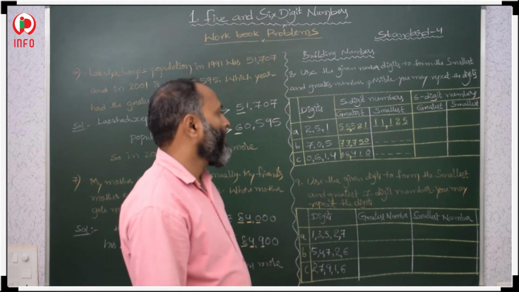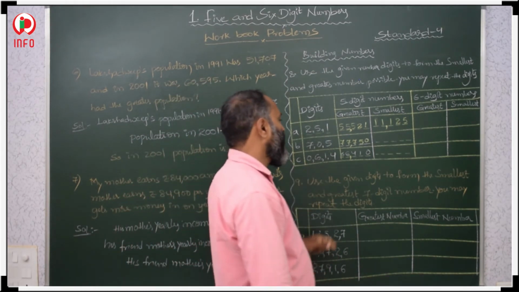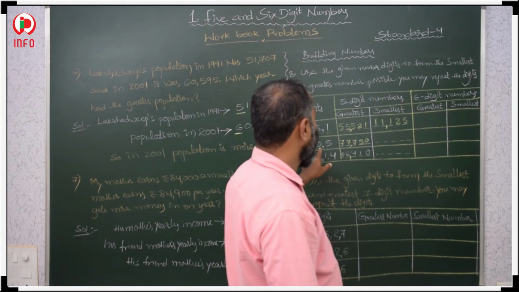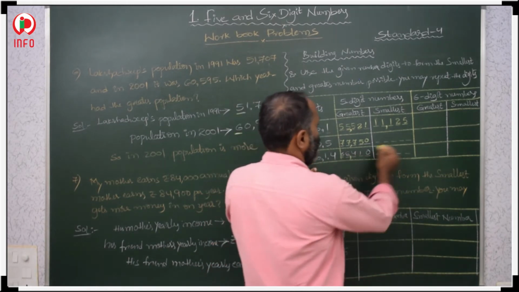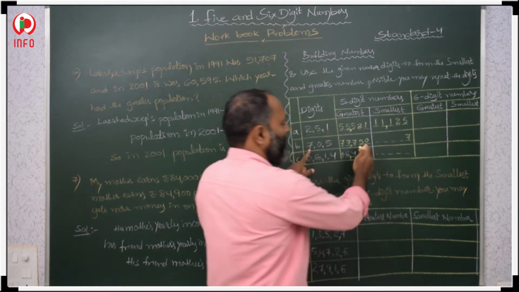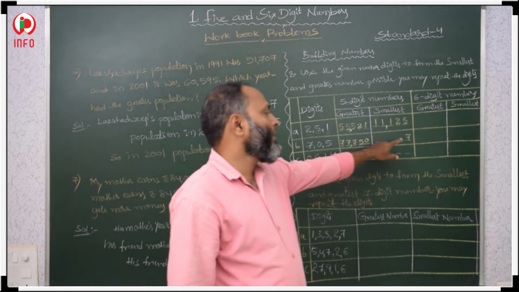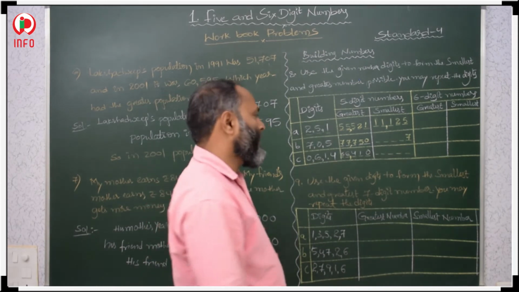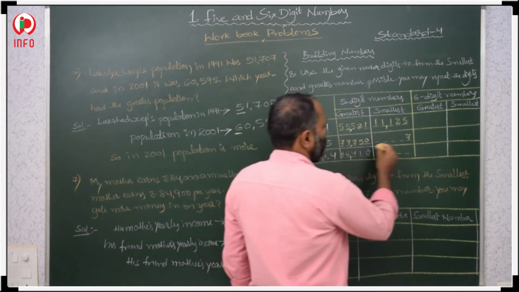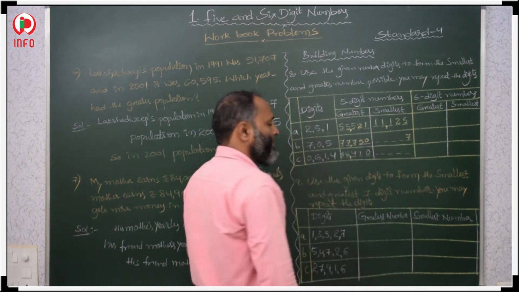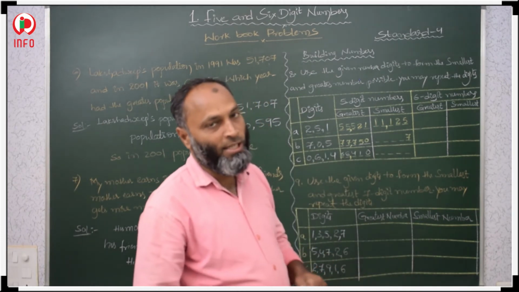In this case, how to write? Here the greatest digit we have to write in the last place. It is the reverse of the greater number: there we took the smallest in the ones place, here we take the bigger number in the ones place. Whenever 0 comes, it is important.